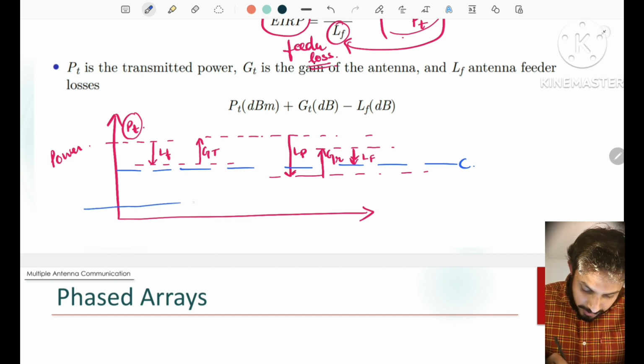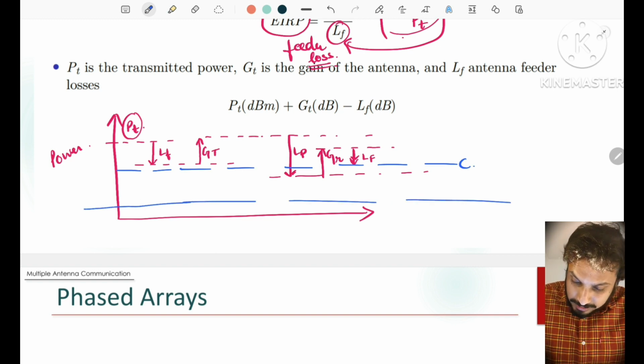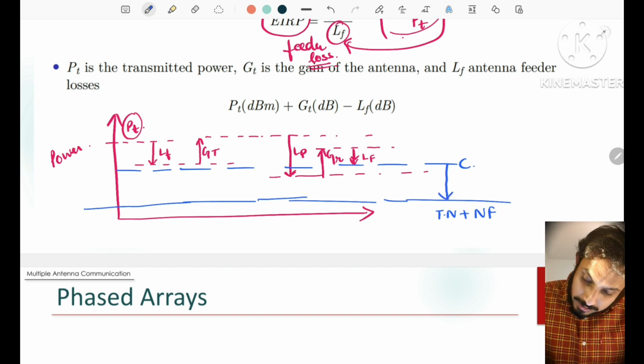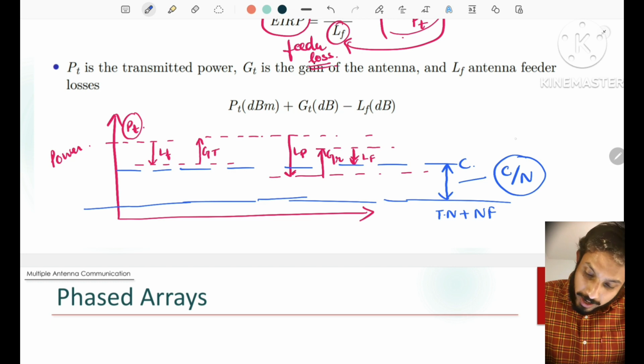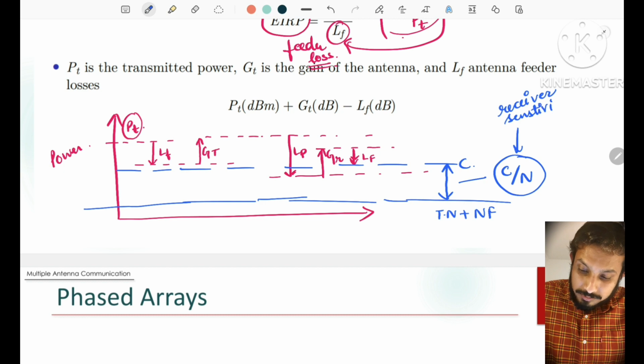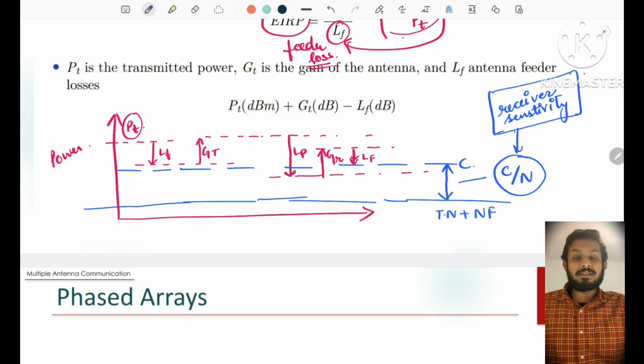And let's assume this is the reference noise level, including the thermal noise plus noise figure, and this is given by C by N, which is also referred to as receiver sensitivity. This is defined as the minimum power level required at the receiver to decode the signal correctly.